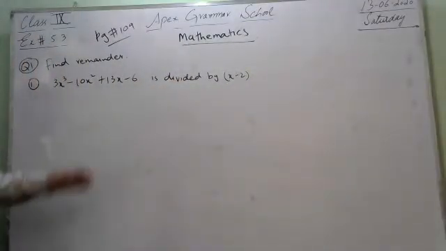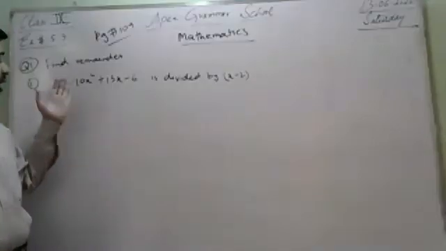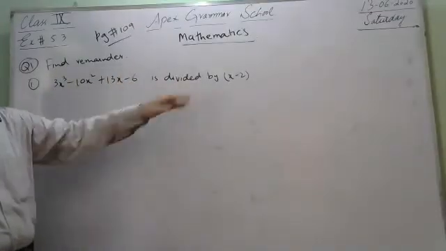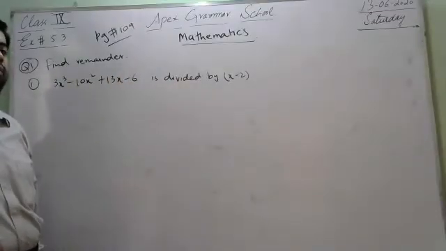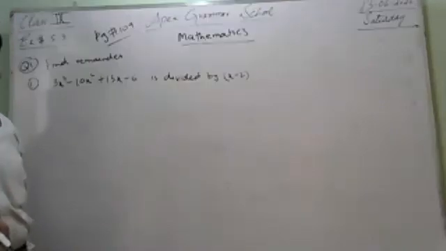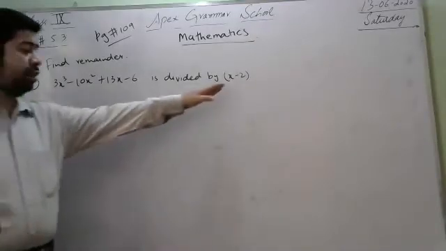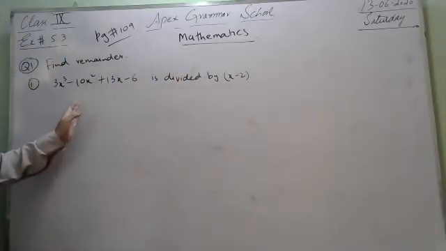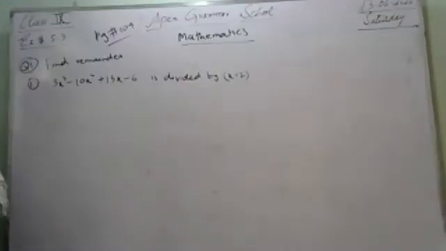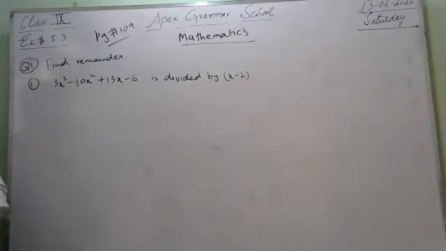It is asking what happens when we divide this polynomial by the expression x minus 2, what will be the remainder? Remember that a remainder will appear only if one expression can't divide another expression completely. Otherwise we have remainder 0.